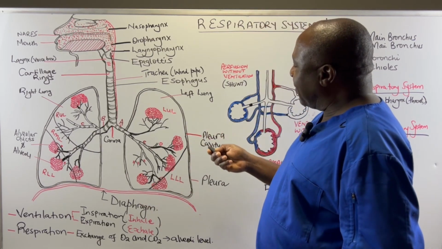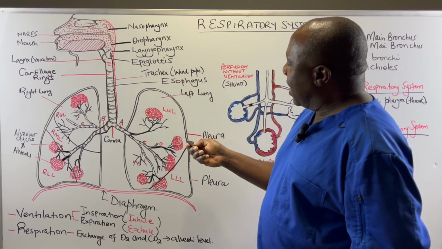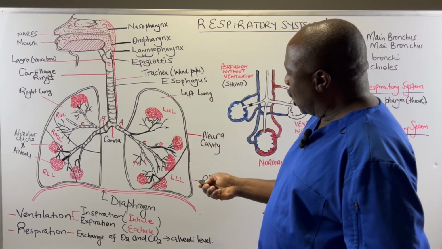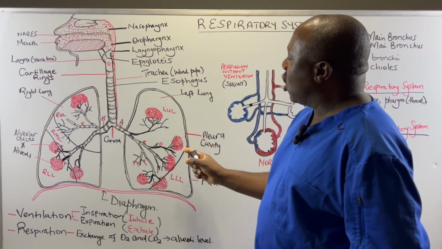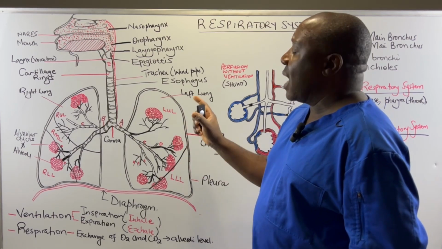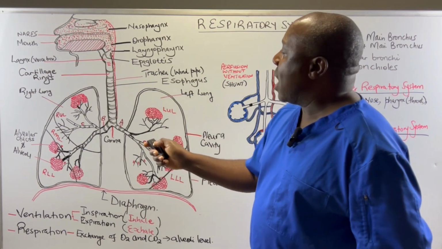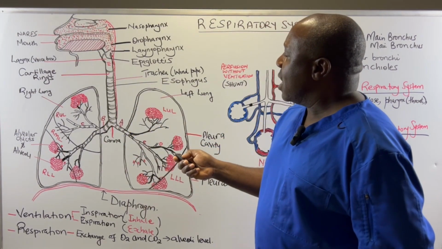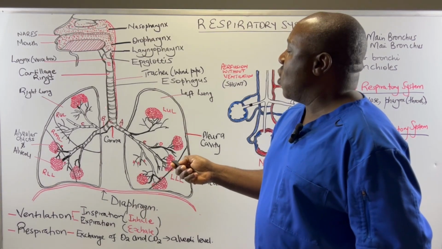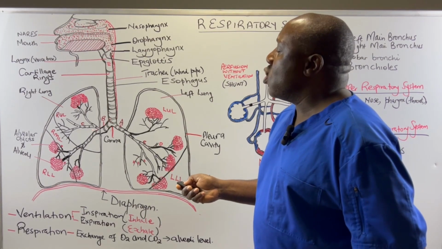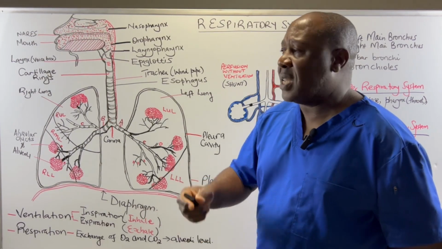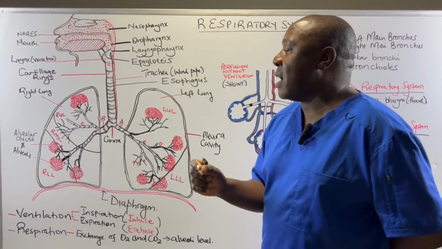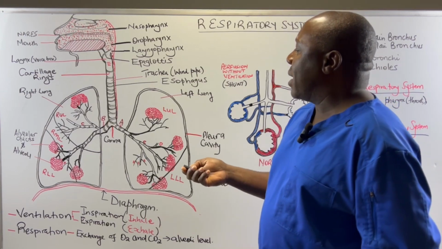The left lung has the left upper lobe and the left lower lobe, so the left lung has only 2 lobes, while the right lung has 3. So from the right or left main bronchus, we go to the lobar bronchi, which enter the lobes of our lungs.